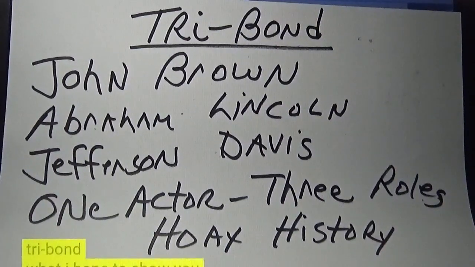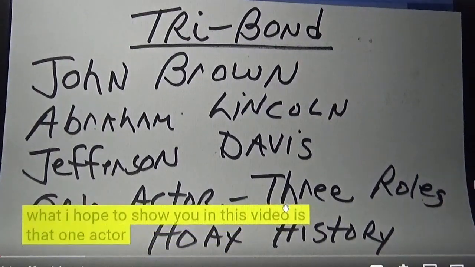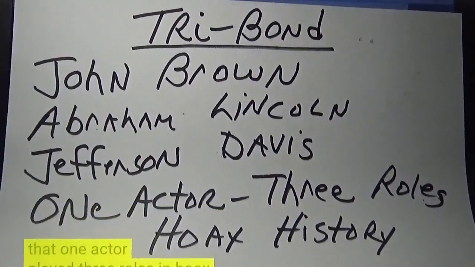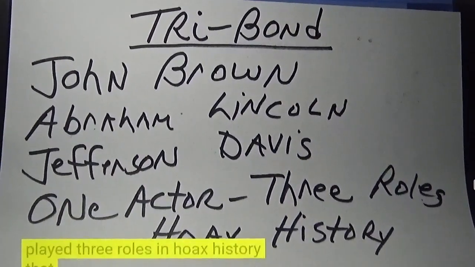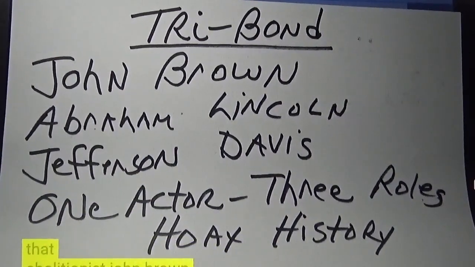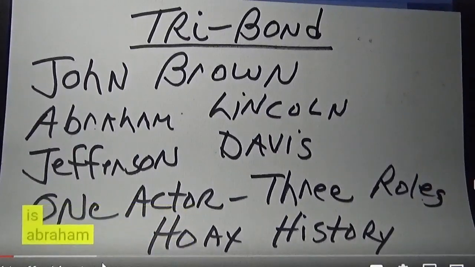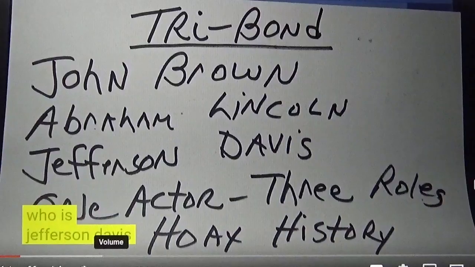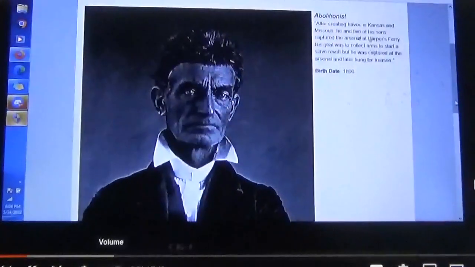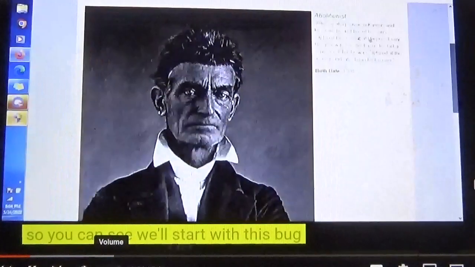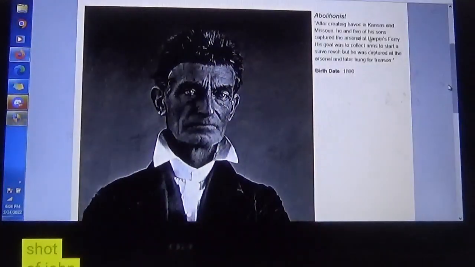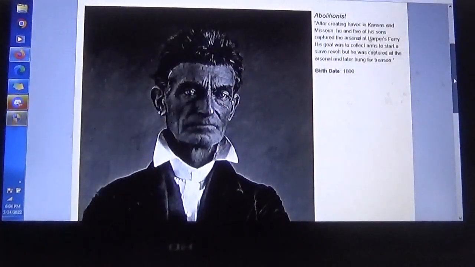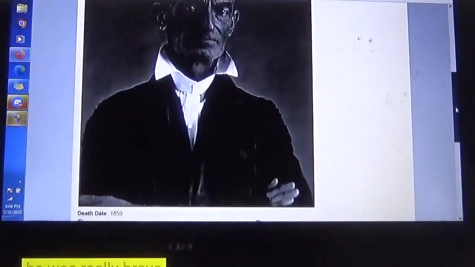What I hope to show you in this video is that one actor played 3 roles in hoax history. That abolitionist John Brown is Abraham Lincoln, who is Jefferson Davis. So you can see we'll start with this mugshot of John Brown. Ooh, he was really brave.